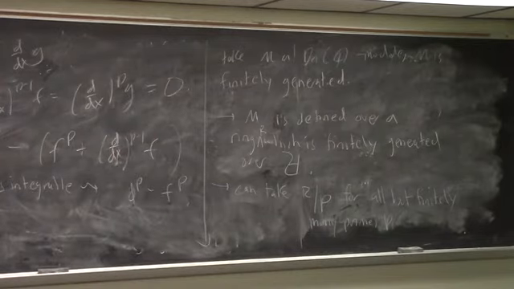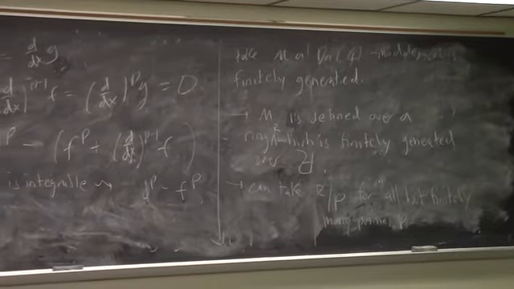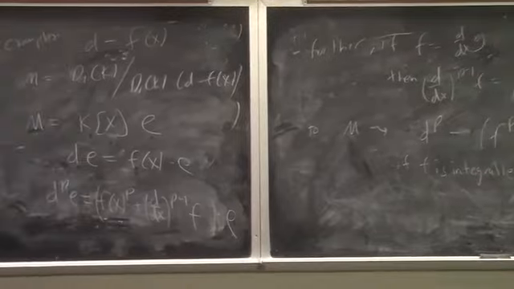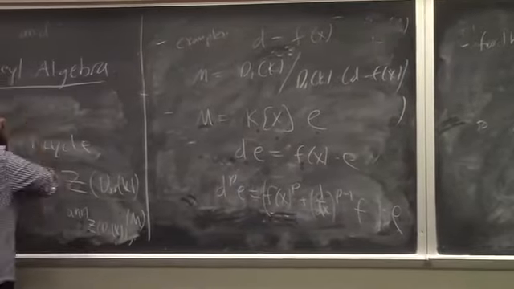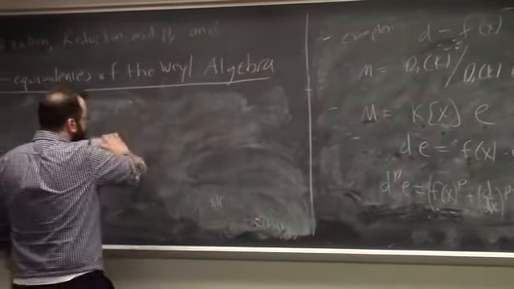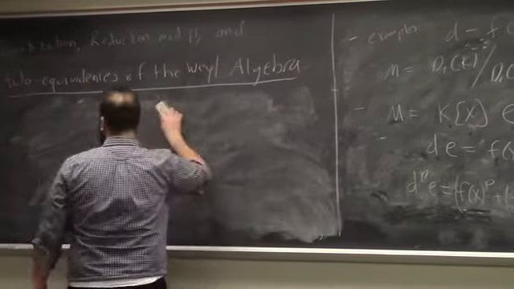So for all but finitely many primes, P is not a unit in R. It defines some prime ideal, and so I can take the reduction. So starting from a D_n-module in characteristic 0, I can attach an object in characteristic P.